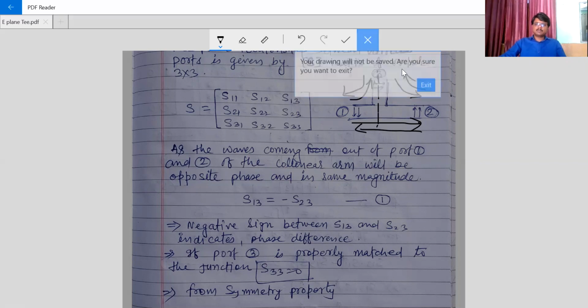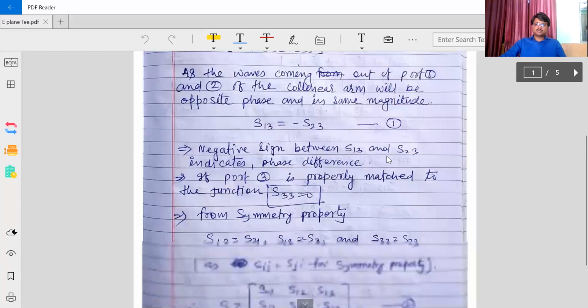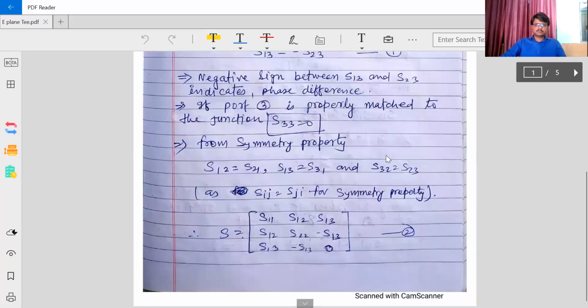Okay. So using the symmetry property, S12 is equal to S21, S13 equal to S31, and S32 equal to S23. You can write this for the symmetry property. Because as we know, for the symmetry property, this equation is valid: Sij equal to Sji.